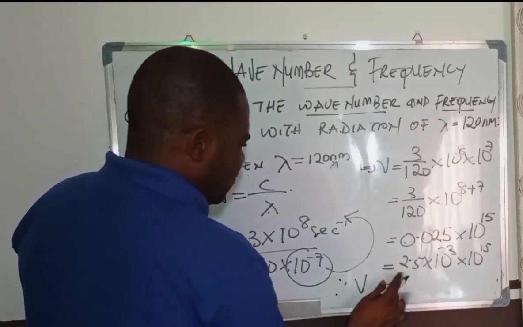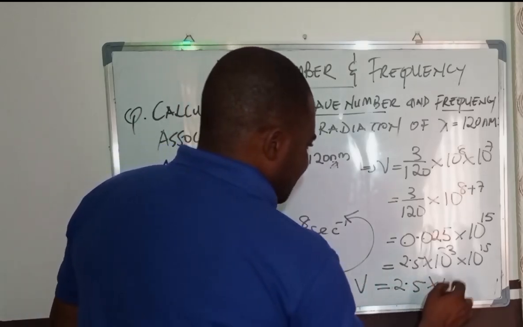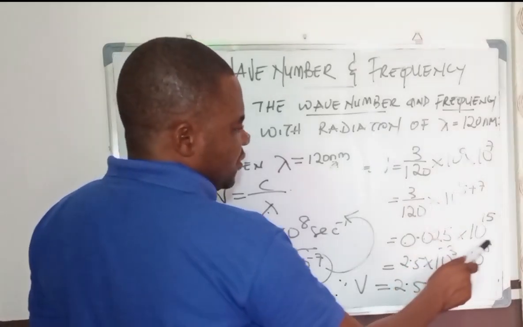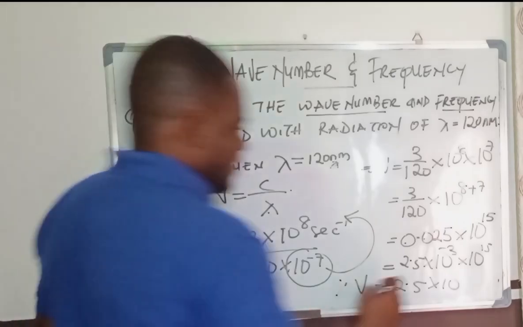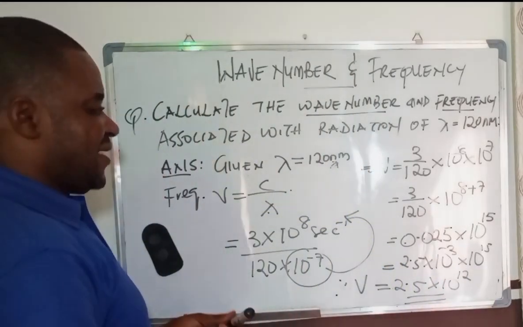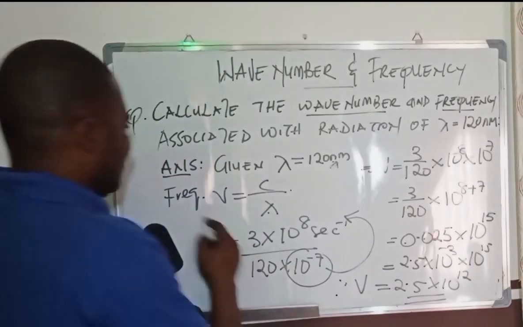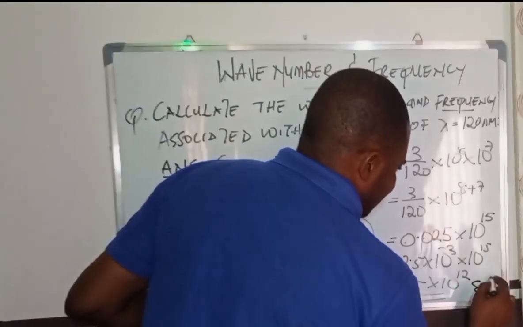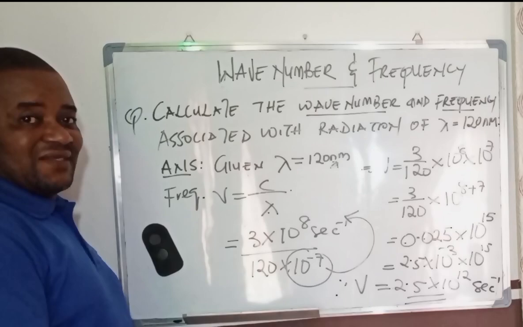Therefore, our frequency will be equal to 2.5 times 10 raised to power minus 3 plus 15, which gives you plus 12. Now this is your frequency, of course, so it's going to be in per second. So this is the value of your frequency.